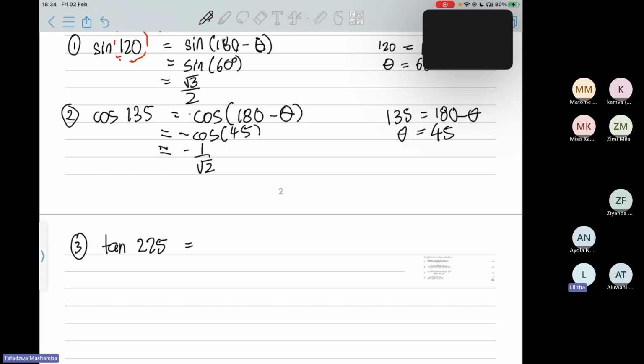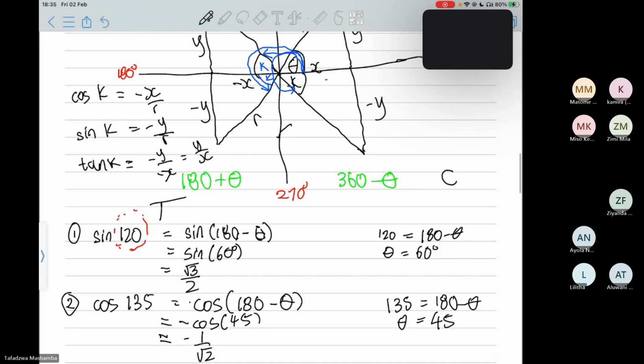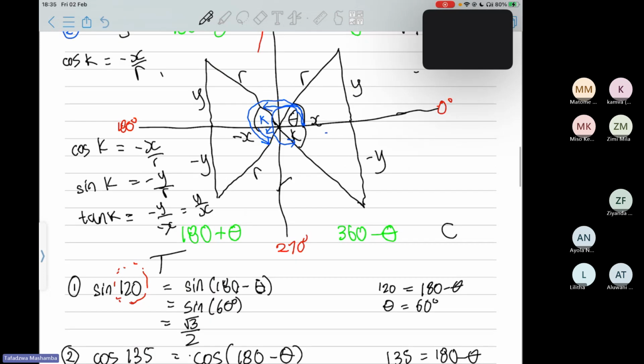Okay. So with regards to the tan of 225, remember the first step is trying to find the quadrant that we're in. So 225, where is it? It's definitely bigger than the first and the second. Let's see in the third. Yes, we're in the third quadrant because we're greater than 180, but also less than 270.